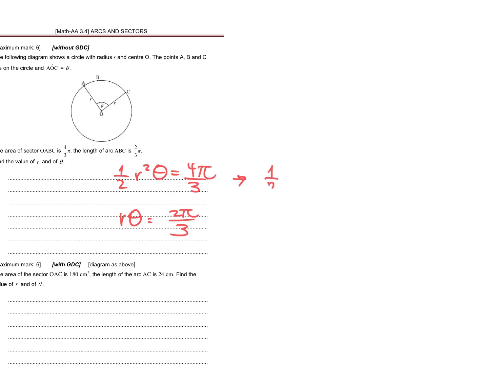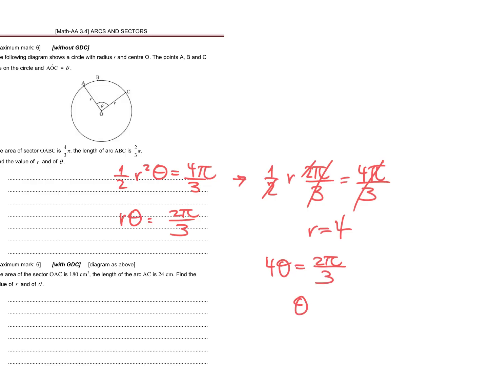If that's 1/2 R times R theta, which is 2 pi over 3, equals 4 pi over 3, so 2's cancel. And then if we multiply by 3 over pi, that will cancel. So R is 4. And that means that 4 times theta is 2 pi over 3. So theta is going to be pi over 6.